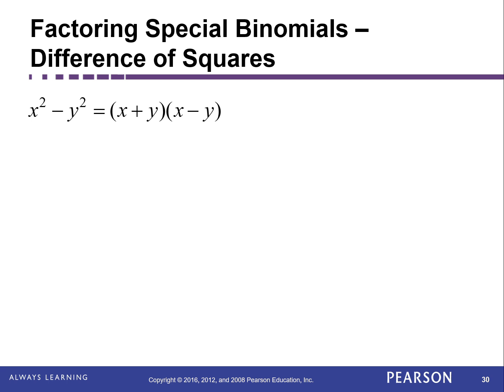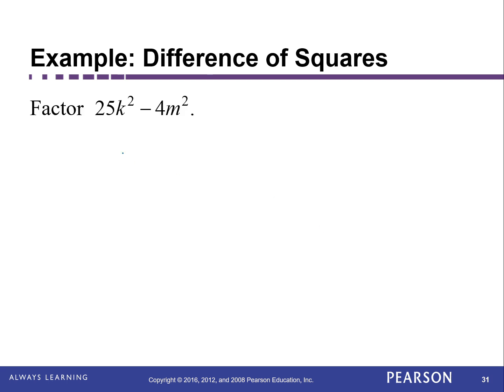All right, now let's look at this one. Here I have x squared minus y squared equals x plus y times x minus y. If I wind up in a case where I see that the first one's kind of a perfect square, here 25 is 5 squared, 4 is 2 squared, and they're subtracted, it's probably going to lead me to believe that it's 5k plus 2m.